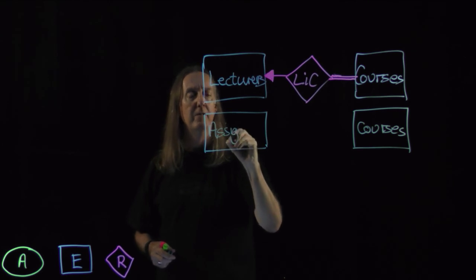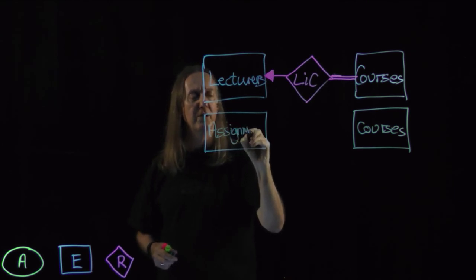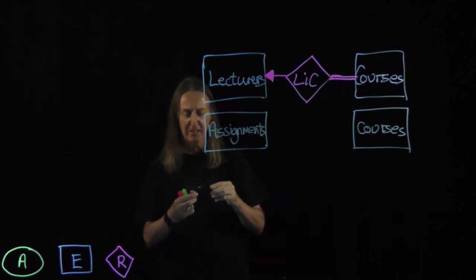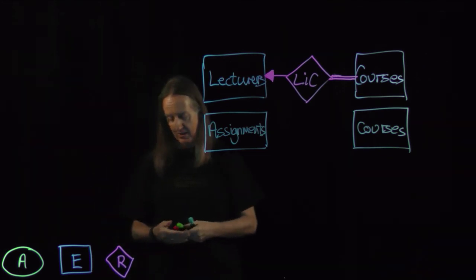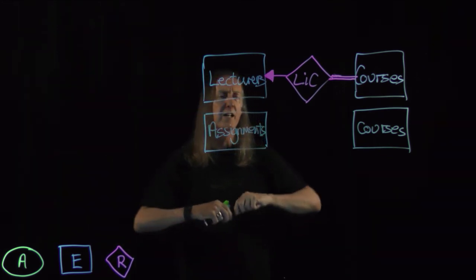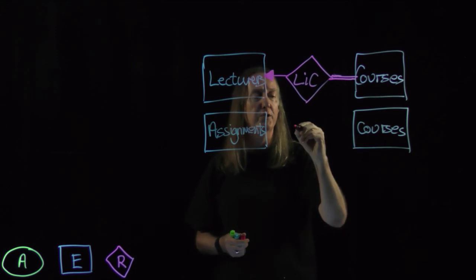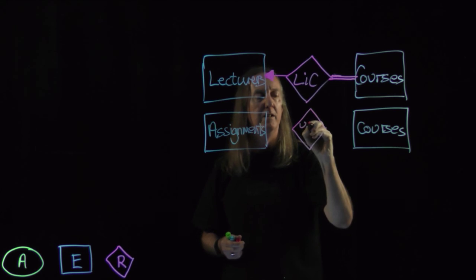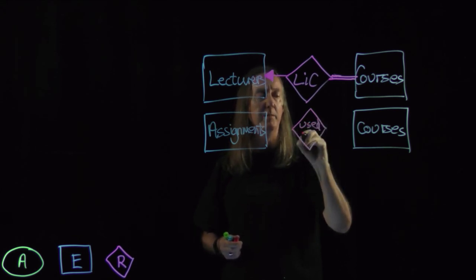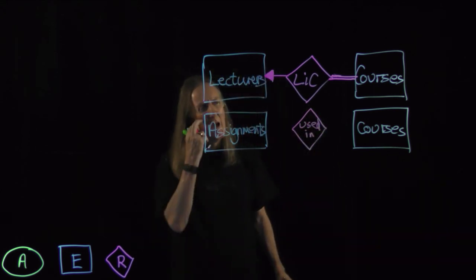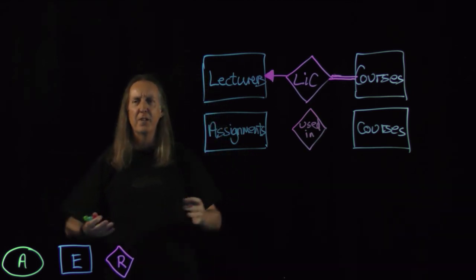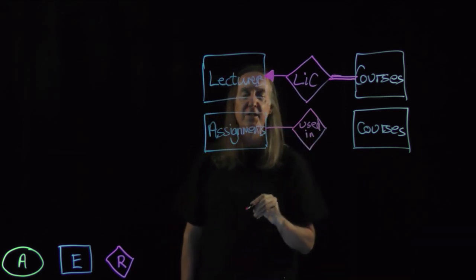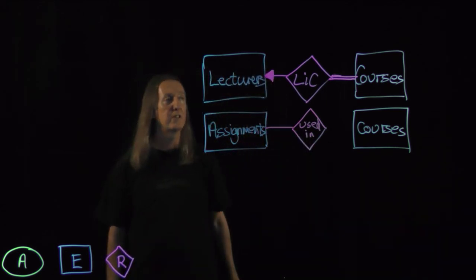Now, we don't reuse assignments in courses, because if we do, students tend to just get solutions from the last time the course was run. So assignments are related to courses by being used in courses. So our relationship can be used in. There may be assignments that are floating around that haven't yet been used in courses, so we won't force every assignment to be used, but probably eventually they all will be.